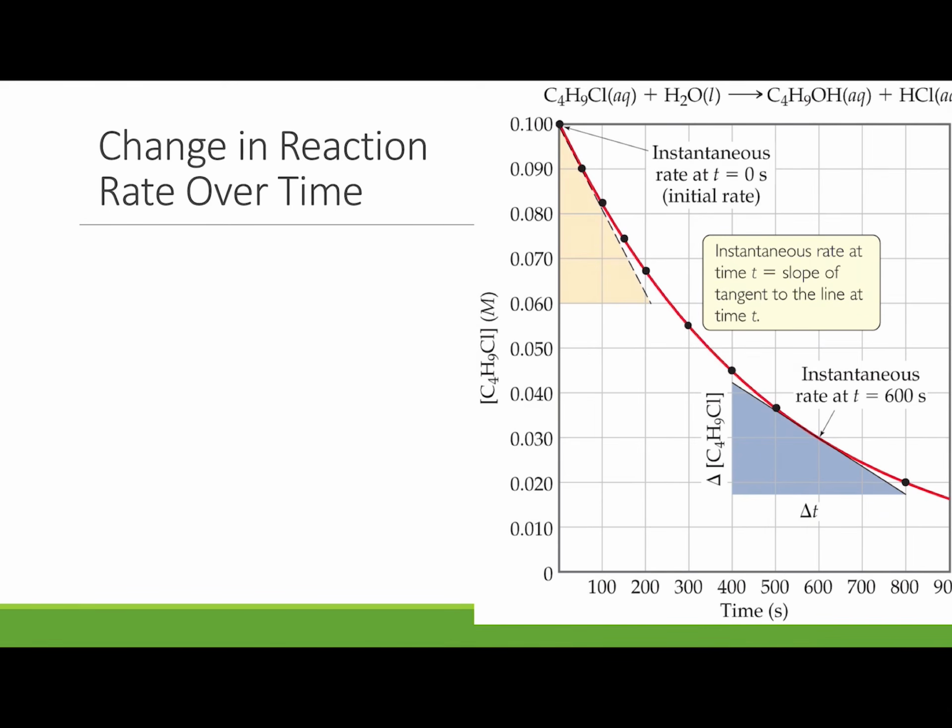Let's look at what's called the instantaneous rate as well. So instead of using an average reaction rate, we can also look at what's called the instantaneous rate. And this is the rate at a given point.